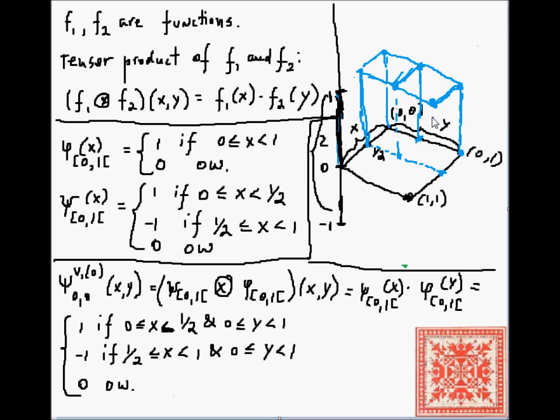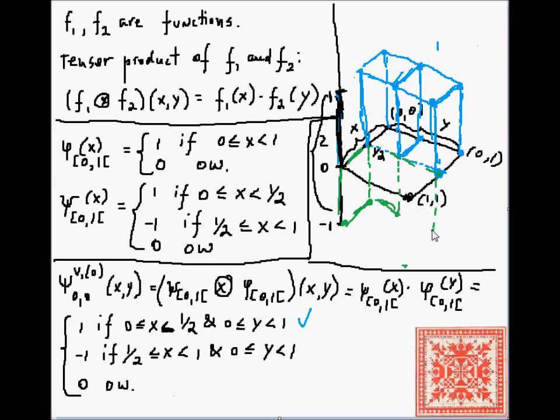Okay, and this interval, the value of that's the second. Like if x is greater than or equal to 0 and less than half, and y is greater than or equal to 0 and less than 1. And then we're going to draw the second case where x is greater than half, less than 1, and y is greater than or equal to 0 but less than 1.